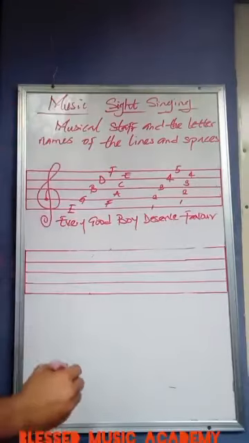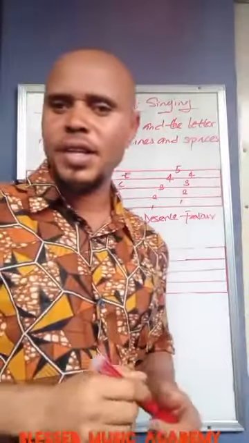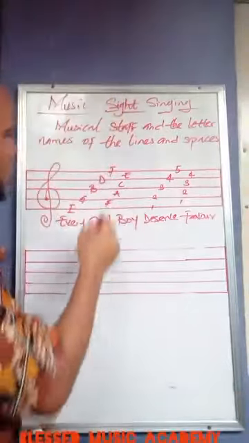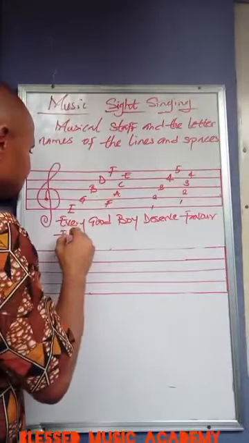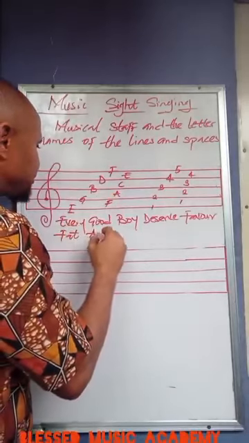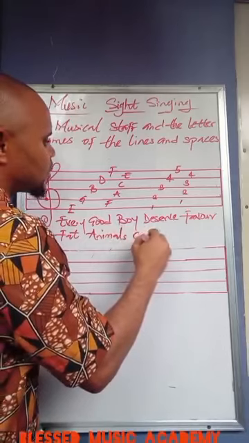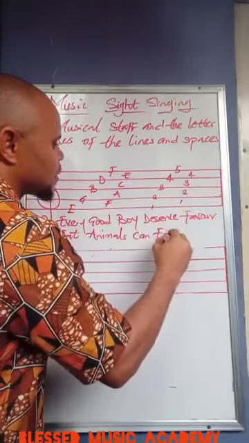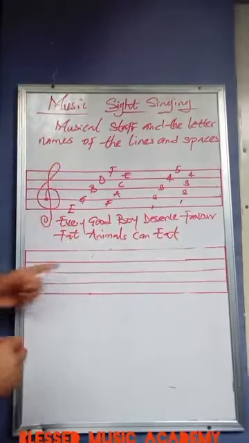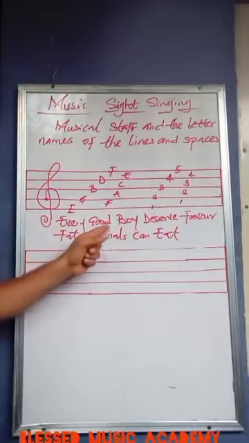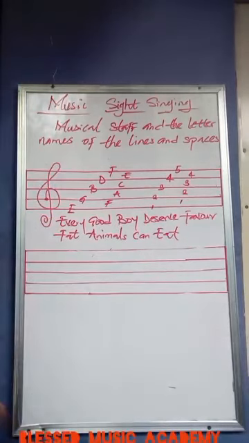Some people will say every good boy drink Fanta. For the spaces we say fat animal can eat. This is for the spaces and this is for the lines.